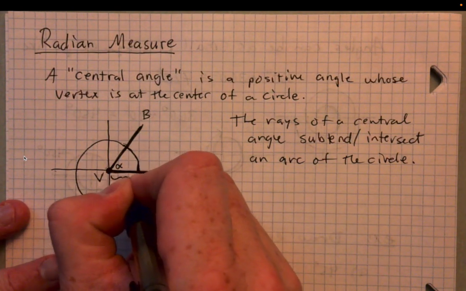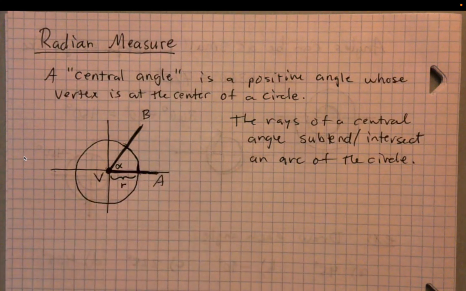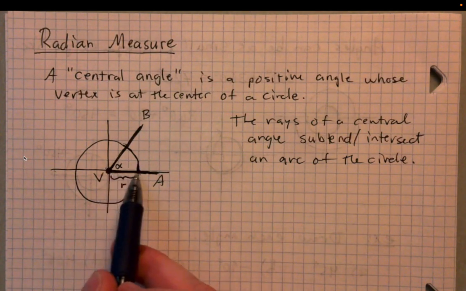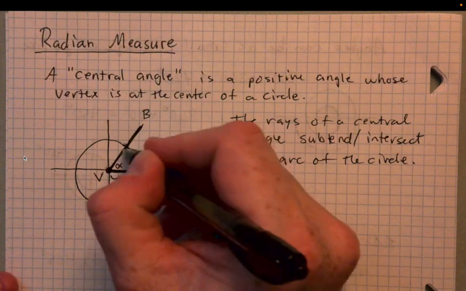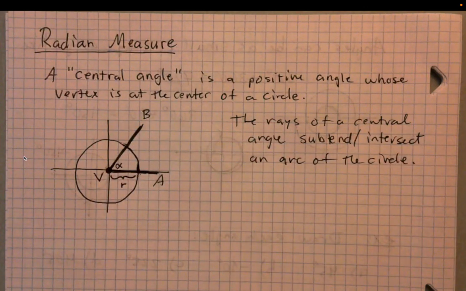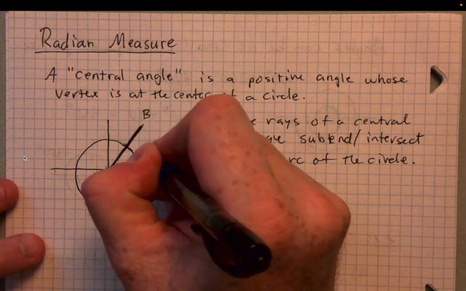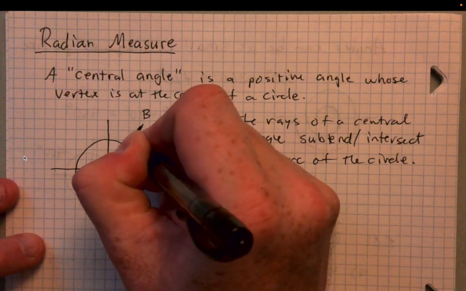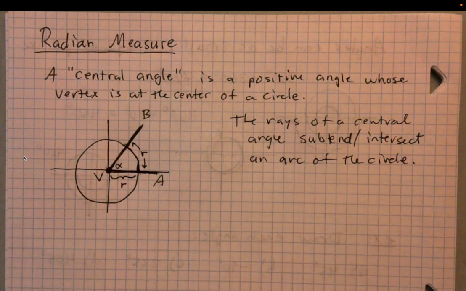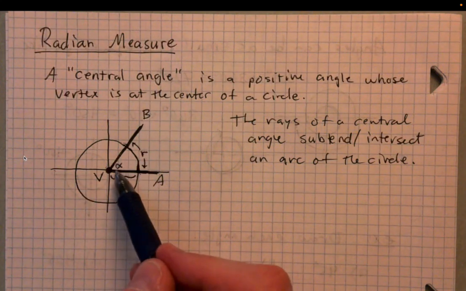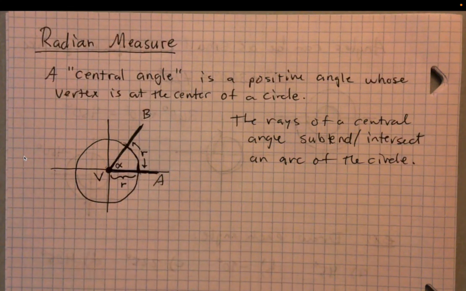Radius means the distance from the center of the circle to the edge of the circle, right? So this distance here is r. If the radius of the circle is r and the length of the arc that the rays subtend is also r, then the measure of the angle alpha in this scenario is exactly 1 radian.